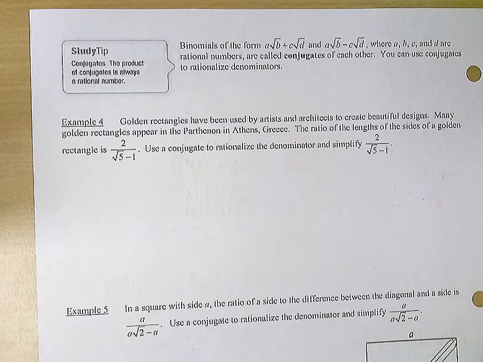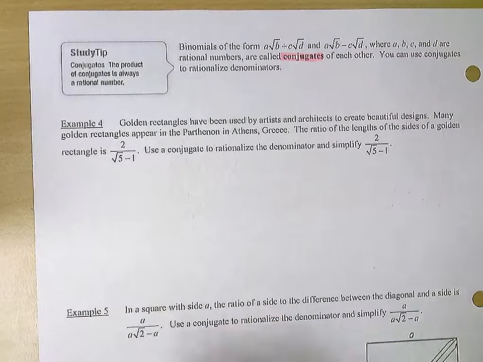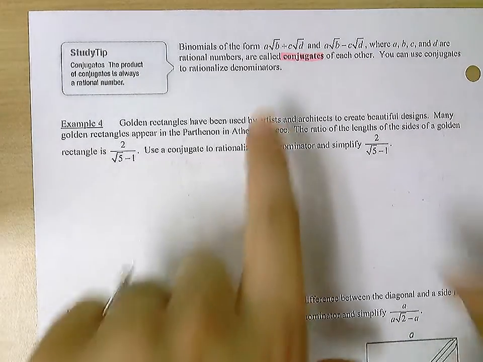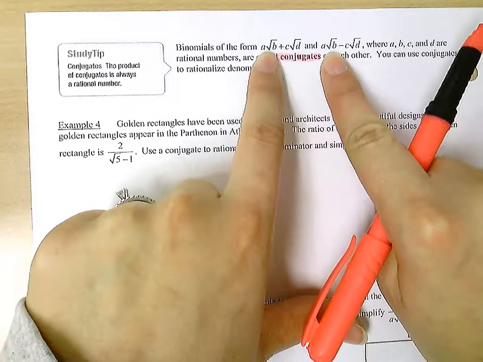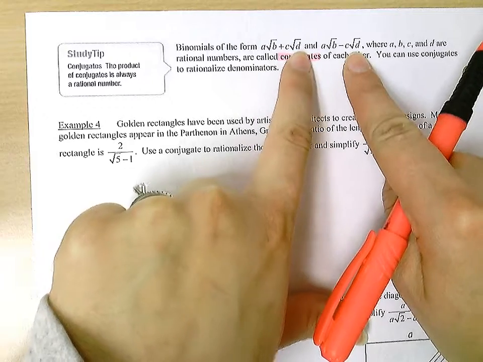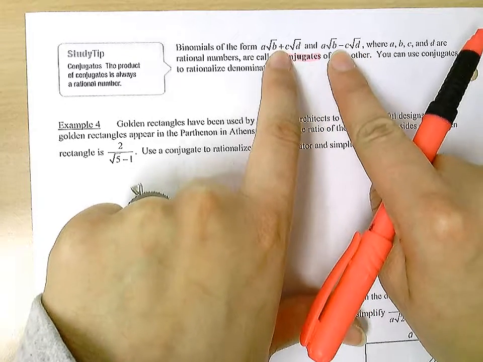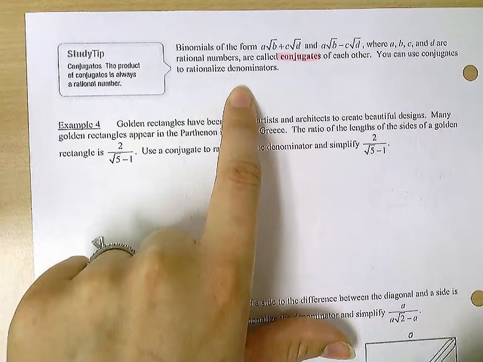Okay, and I'm going to highlight that word here, conjugates. They are conjugates because you have these same terms here. A square root of b in both, and c square root of d in both, but one's positive and one's negative.